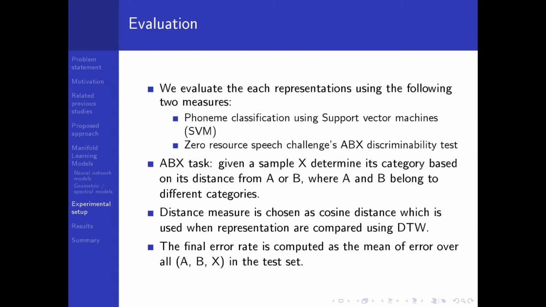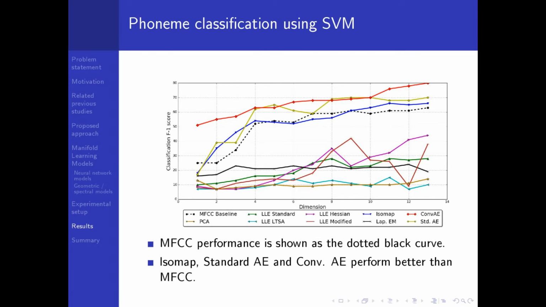We evaluate each of the representations using two methods. First is phoneme classification using support vector machines, and second is the ABX discriminability test, which is proposed by the Zero Resource Speech Challenge.